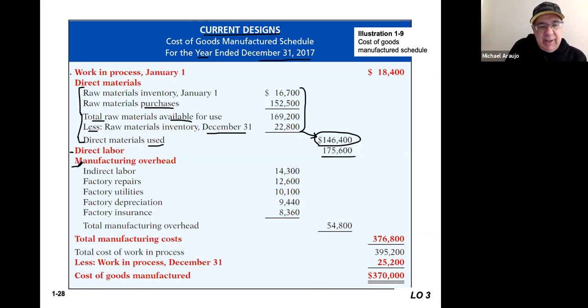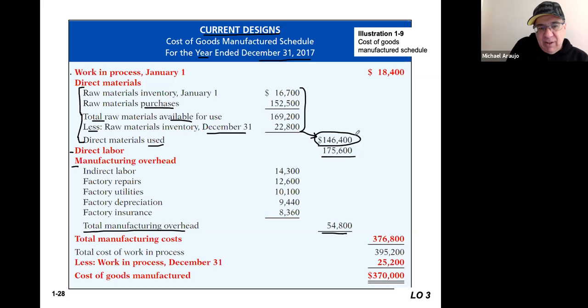Manufacturing overhead. Again, anything that is related to the factory that isn't direct material or direct labor. So you have indirect labor, factory repair, factory utility, factory depreciation, and the factory insurance. So this is the total manufacturing overhead listed here.